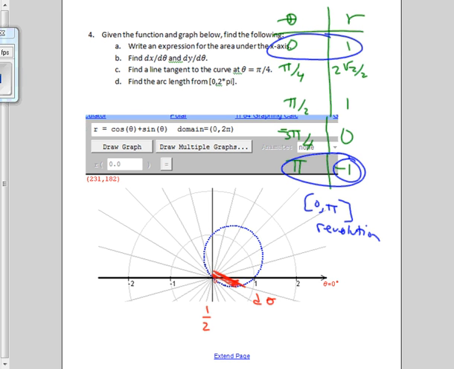1/2 f of theta squared times pi. Sorry, that pi shouldn't be there. I said it and then I was like, no, that's not right.